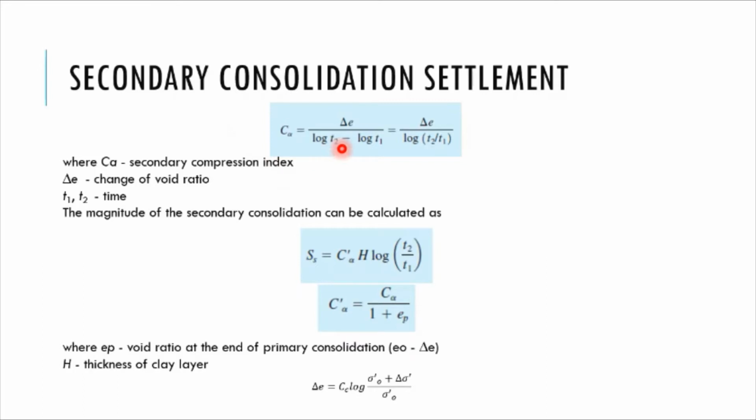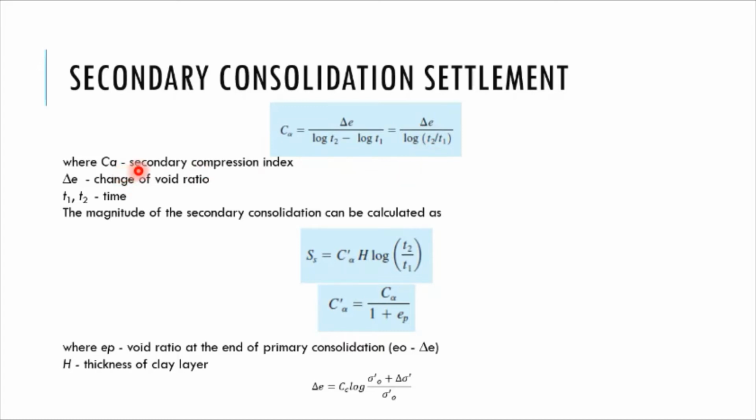And for the formula for secondary settlement, we need to first know the secondary compression index. So the secondary compression index is equal to change in e over logarithm of t sub 2 minus logarithm of t sub 1, or equal to change in e over logarithm of t sub 2 over t sub 1.